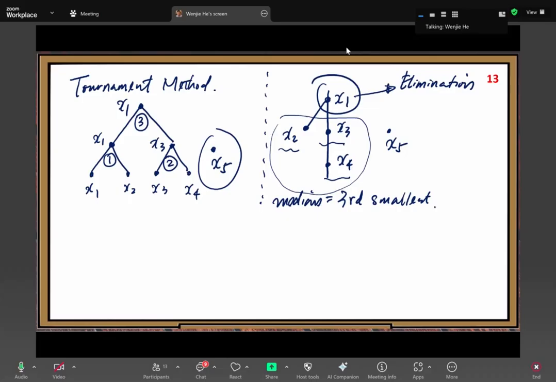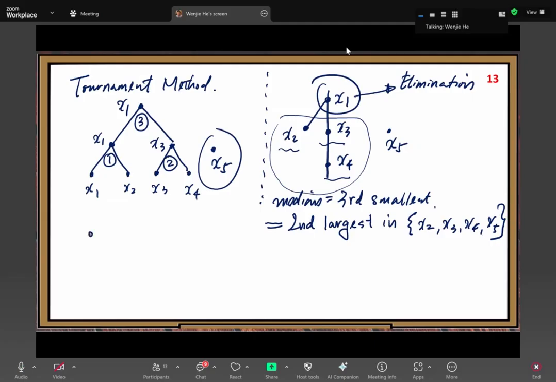But after we eliminate X1, then the median becomes the second largest in the 4 remaining elements, X2, X3, X4, X5. Then the last round we do.